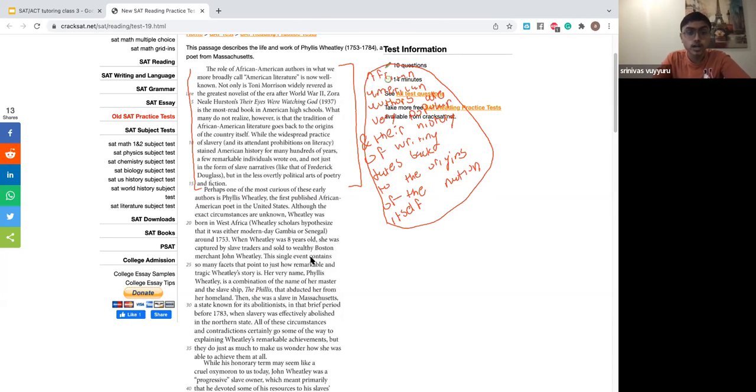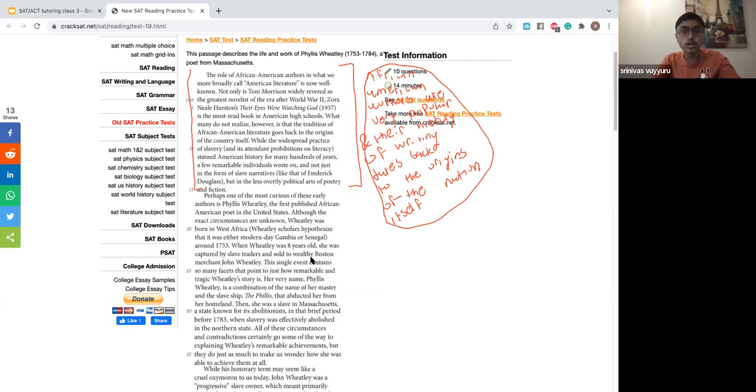The next passage. So perhaps one of the most curious of these early authors is Phillis Wheatley, the first published African-American poet in the United States. Although the exact circumstances are unknown, Wheatley was born in West Africa. Wheatley scholars hypothesize that it was either more modern-day Gambia or Senegal around 1753. When Wheatley was 8 years old, she was captured by slave traders and sold to wealthy Boston merchant John Wheatley.